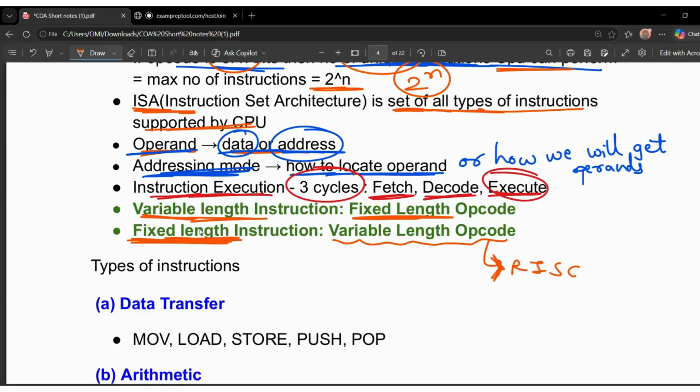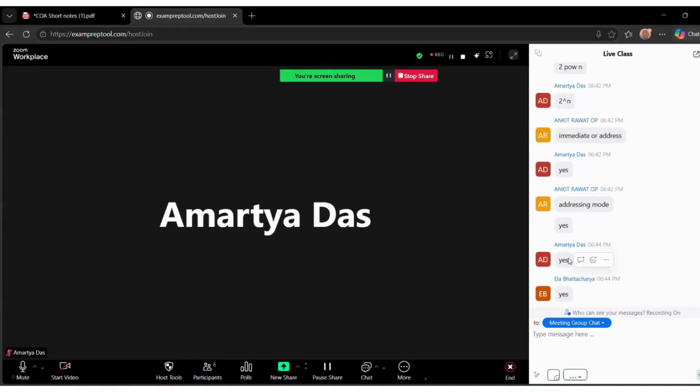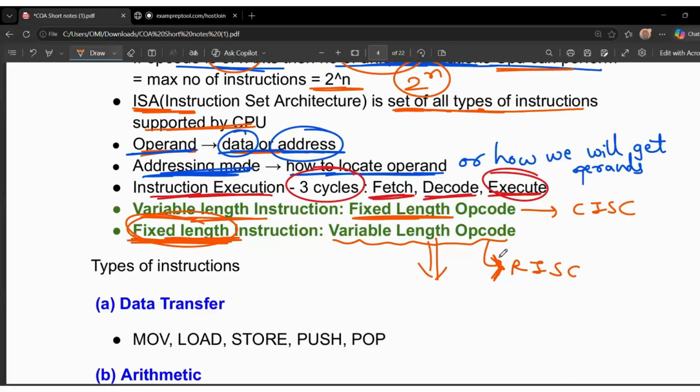We will see the difference between RISC and CISC in a couple of minutes. Variable length instruction is used in CISC. And we have seen that in the fixed length instruction, because it is fixed length, some of the bits are not used.